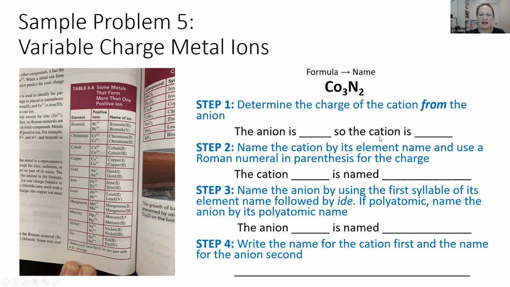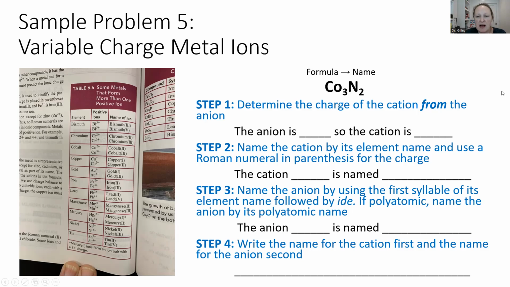We start with the anion. We have to know what charge is associated with that anion. We see how many there are to give us the total negative charge. Then we want to figure out, okay, what's going to be the charge on the cation, which is the cobalt? Well, I know that there are 3 of them. And overall, how much positive charge I have needs to balance out perfectly the amount of negative charge.